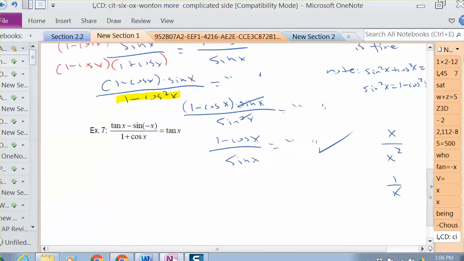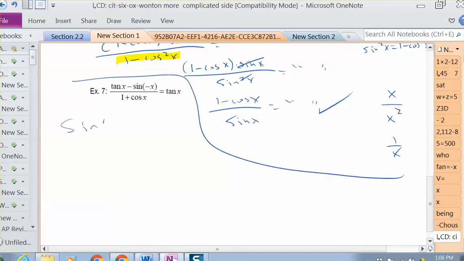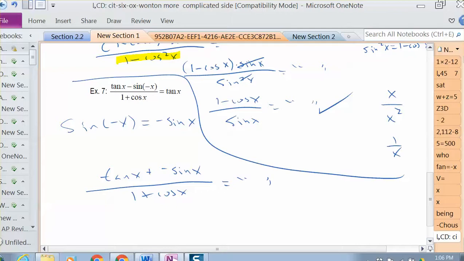Okay, last one. Now, we talked about on the first page of these notes, sine of negative x is negative sine x. It's an odd function. And obviously I'm going to work on the left side because it's more complex. So it becomes obviously a plus.